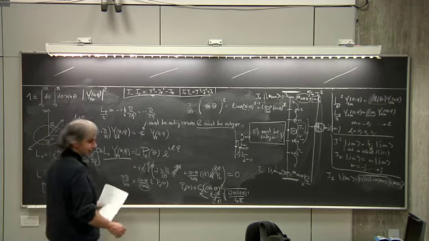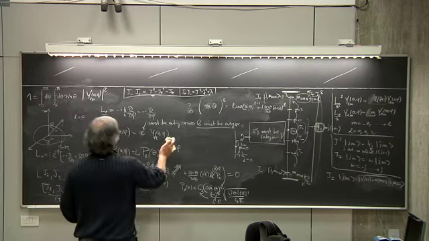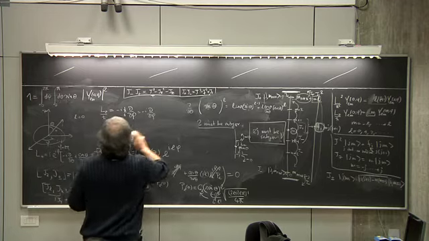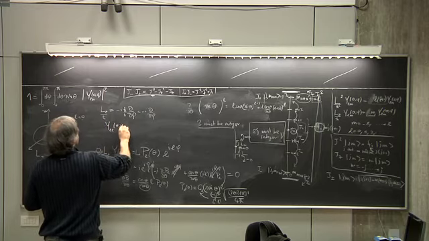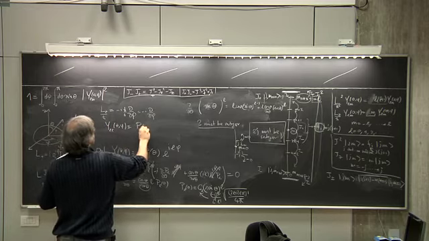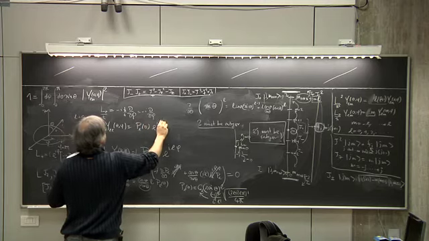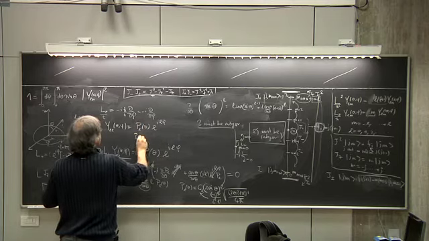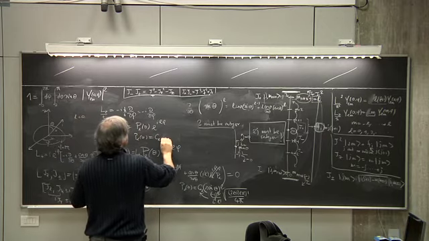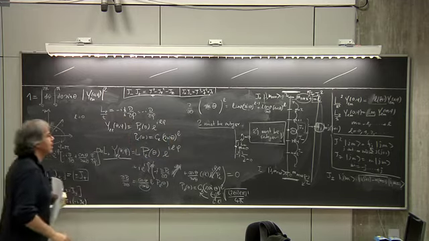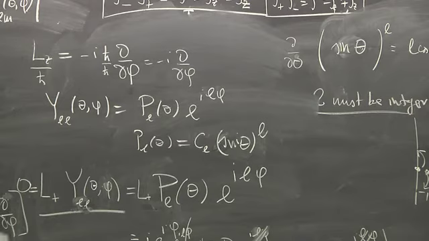So we have constructed now, in this way, states which have this form, P_L of theta, e to the i L phi, where this P_L of theta is some constant times sine of theta to the power L. Obviously, for L equals 0, you get just the usual constant. Sine theta to the 0 is 1.